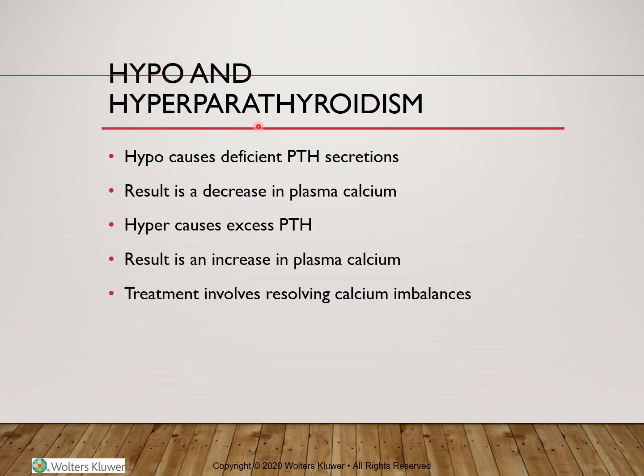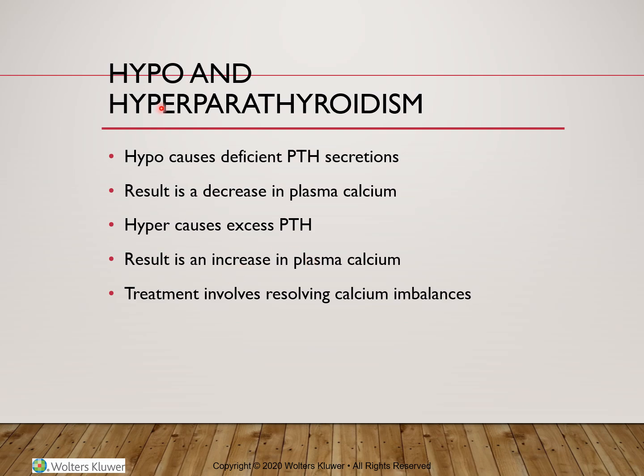In patients with hyperparathyroidism, they are secreting an excess amount of PTH. So this results in an increase in plasma calcium. That PTH secretion is signaling the bones to break down and release calcium into the system. So high PTH levels, high calcium levels.